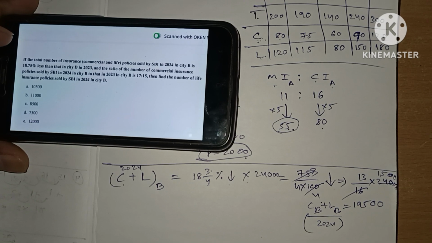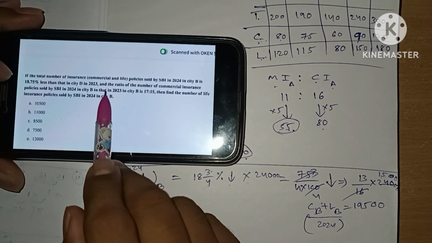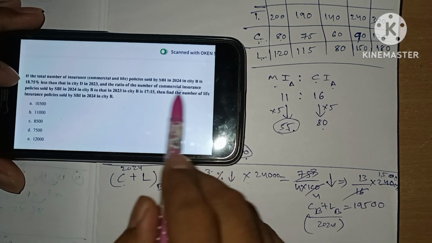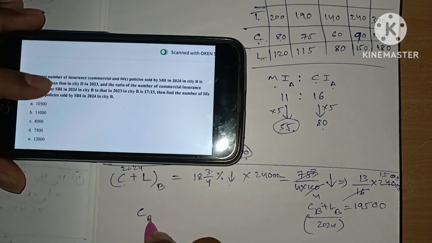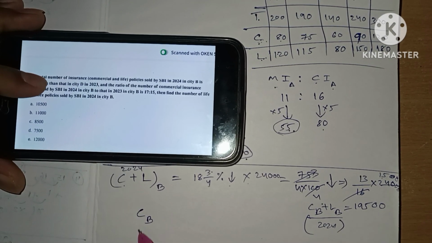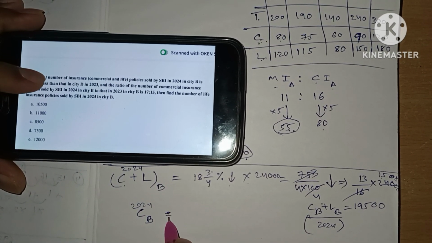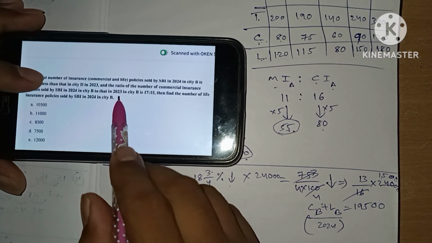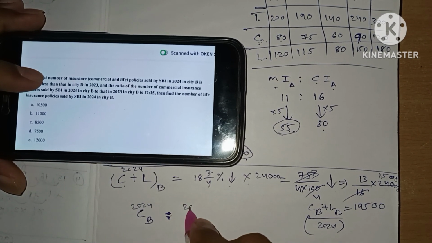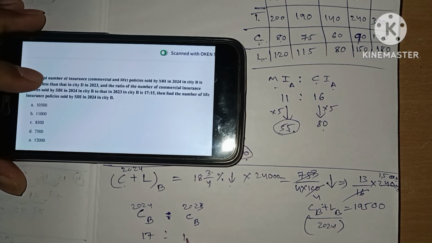Okay. Next, the question says the ratio of the number of commercial insurance policies sold by SBI in City B in 2024 to that in 2023 in City B is 17 is to 15.